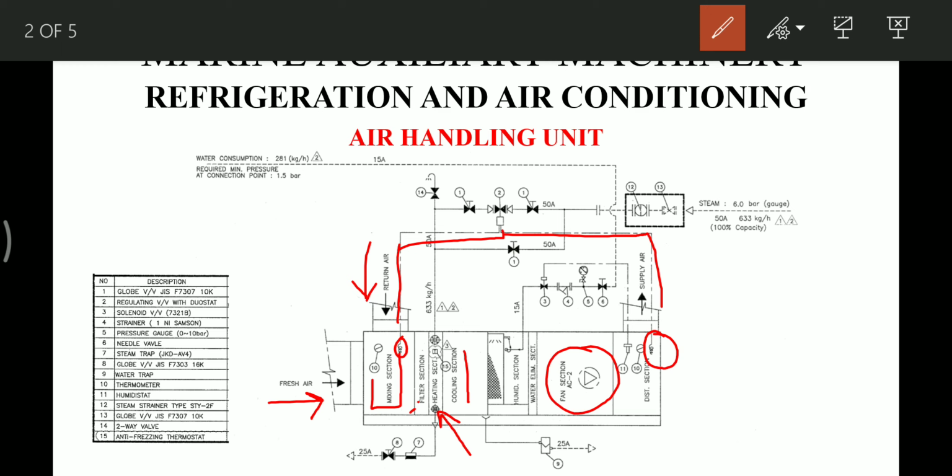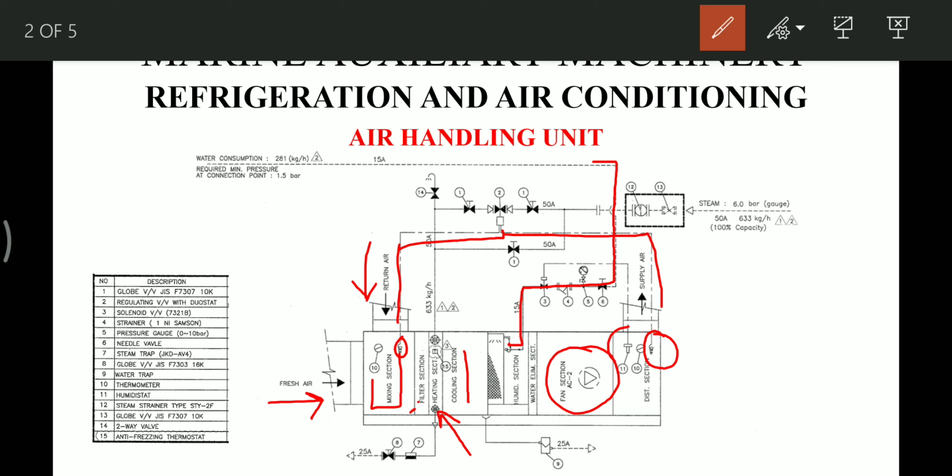Then we have humidifier or humidity section. So humidifier works by taking water and spraying it in this section. So it takes water and it sprays here, and feedback, it is actually not done manually, it is done automatically.